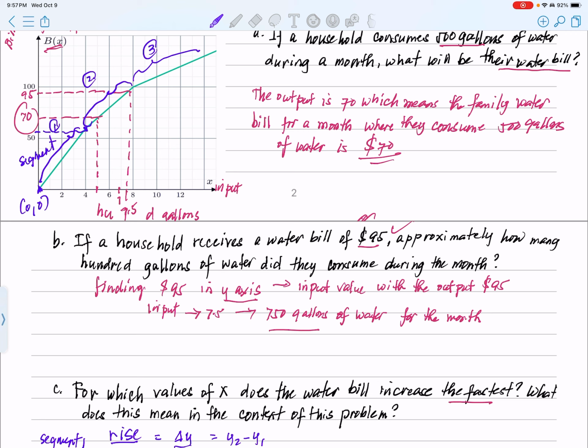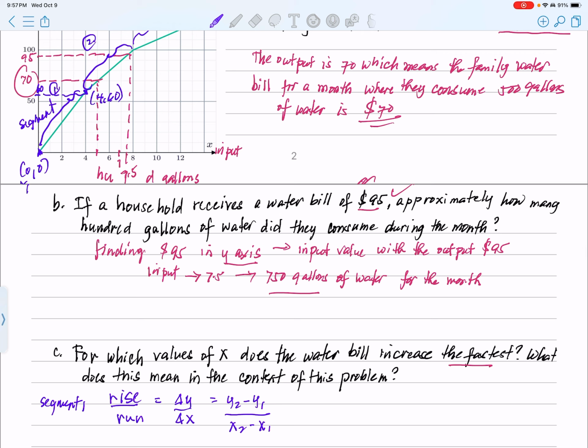All right, so I have this point as, let's say, 60, somewhere there. This will be my x1, y1, and this is x2, y2.